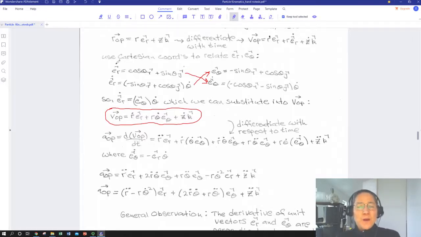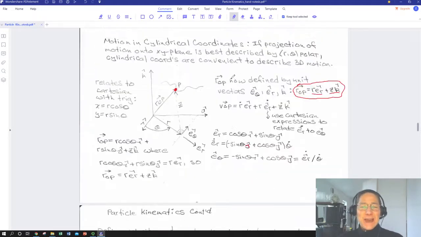And so just remember, you're using Cartesian coordinate geometry to establish the relationships between these cylindrical quantities, and it's just right triangle trig. So just draw it on an xy axes here and look at the right triangles. We have r as a function of i hat, j hat drawn.